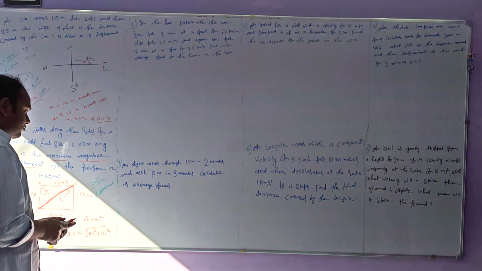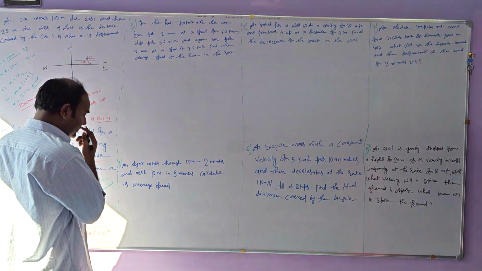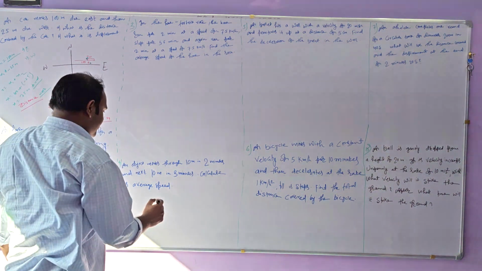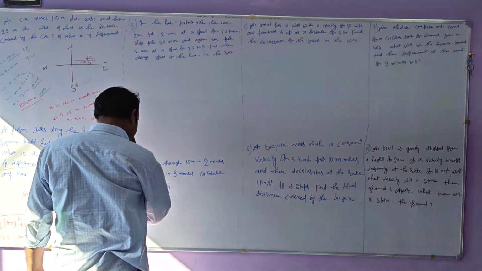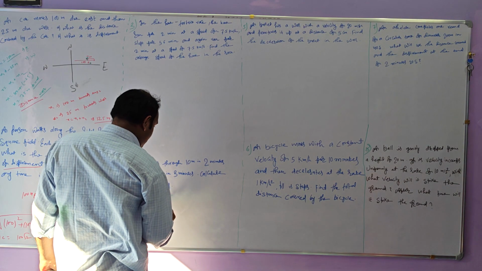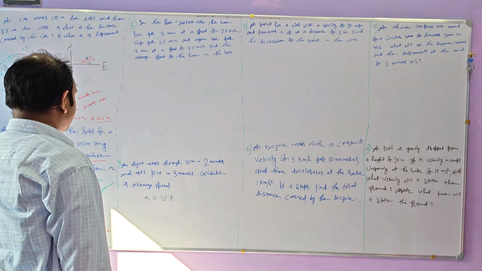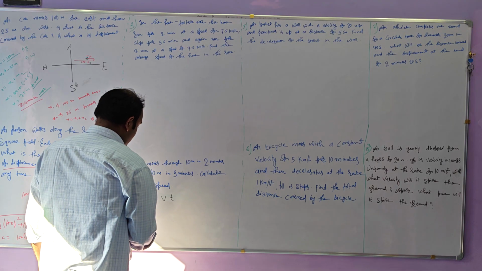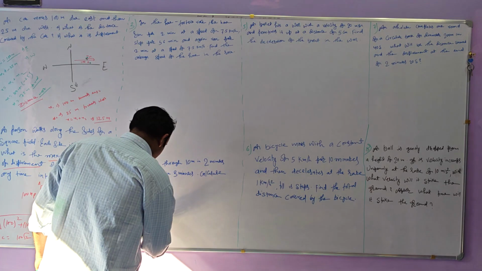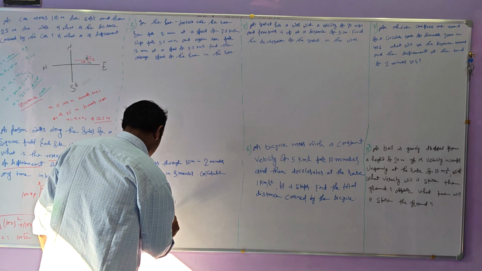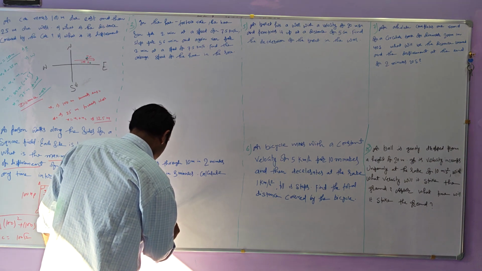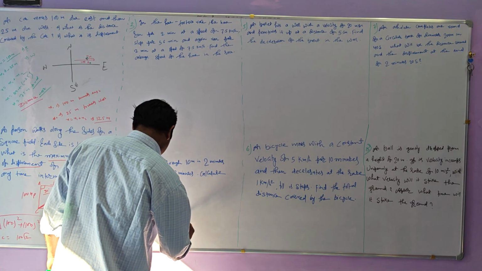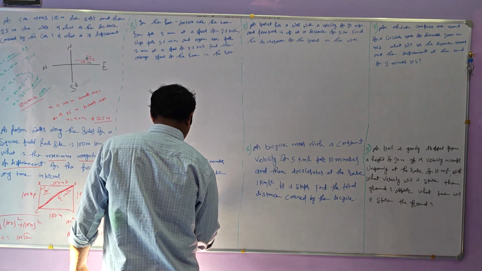So S1 is equal to 10 meter and T1 is 2, so v1 is equal to 10 upon 2, that is 5.